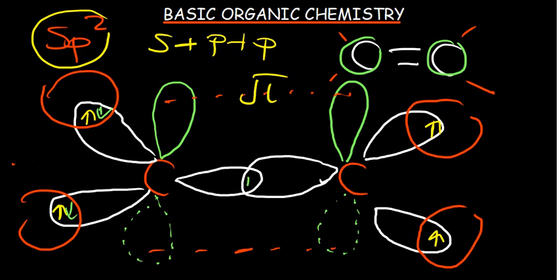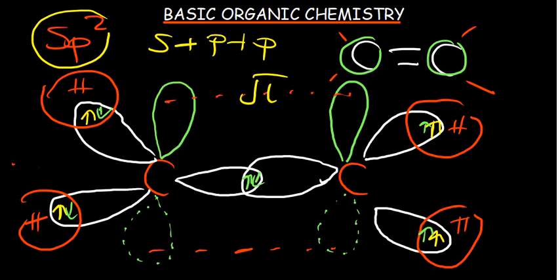So there should be 1 from each, giving us 2, 1 there, and 1 there. Okay. So there are 8 electrons after combining 2 carbon atoms. So this is an example of sp2 hybridization. You've seen that there's an introduction of a new bond there, which is the pi bond.